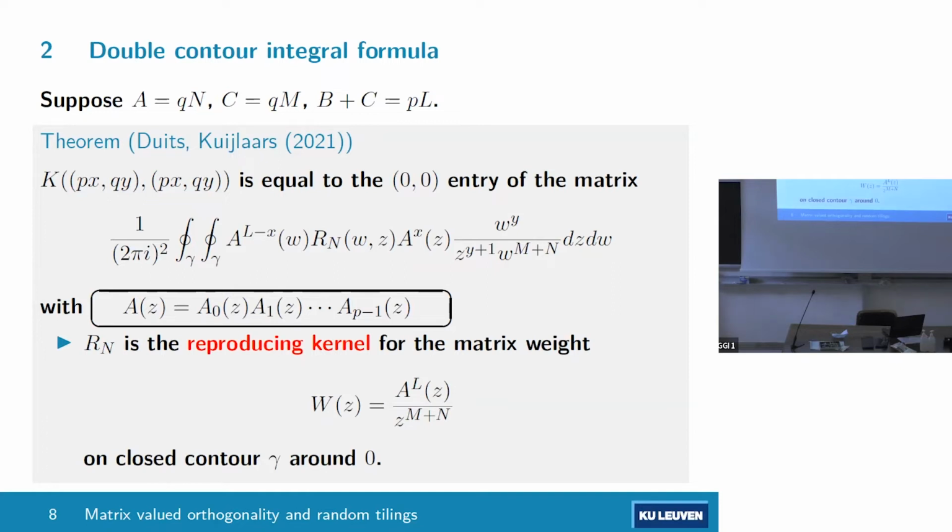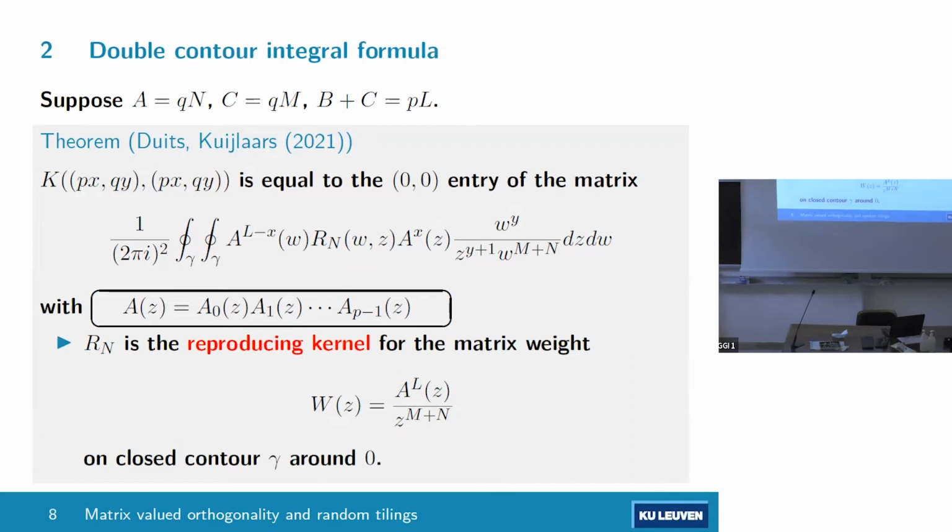So what I state here is for the kernel on the diagonal, and for convenience, I am also taking points that respect the periodicity, right? So the first coordinate is a multiple of p. The second coordinate here is a multiple of q, just to get a nicer formula. Well, nice. I mean, it's still maybe not too attractive here. So what do we have here?